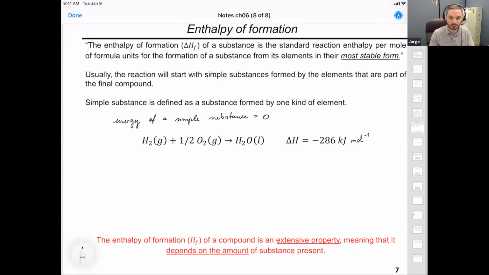Looking at the reaction, let's identify if any of the components are simple substances. Starting with hydrogen gas, it is formed by hydrogen bonded to hydrogen, therefore one kind of element, which means a simple substance. Therefore, the energy for hydrogen gas by definition is zero. Let me mark here that hydrogen is a simple substance.